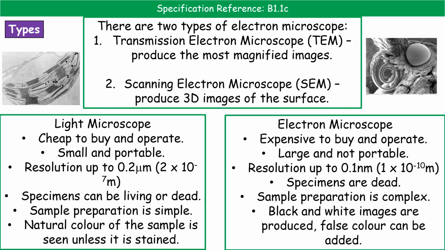And it's quite complicated to prepare the samples there. So just bear in mind those key points about them. So light microscopes, advantages: they're cheap, they're portable, but the resolution is lower than that of the electron microscope. So just make sure you have those options available that you can then discuss to compare those two microscopes properly.